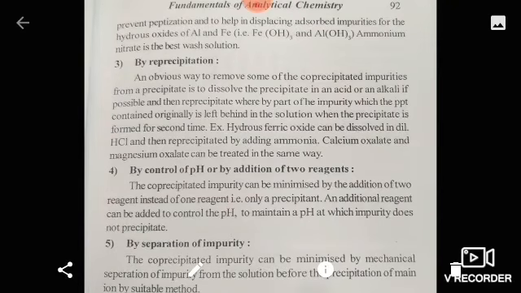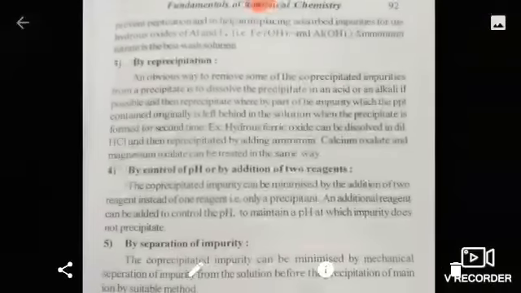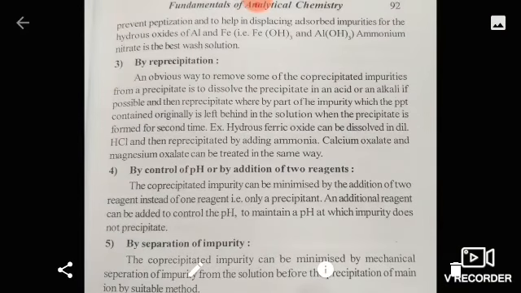So this washing of the precipitate is to prevent peptization and to help in displacing adsorbed impurities for the hydrous oxides of aluminum and iron, that is Fe(OH)3 and Al(OH)3. Ammonium nitrate is the best wash solution.